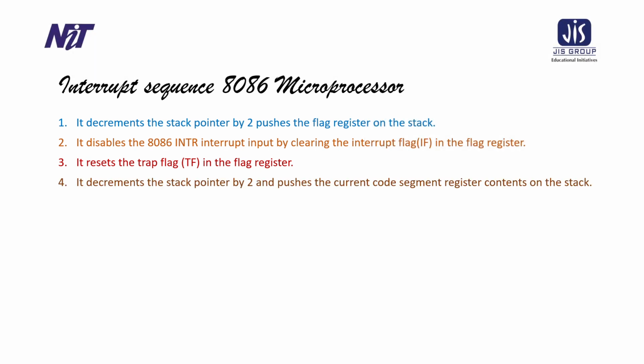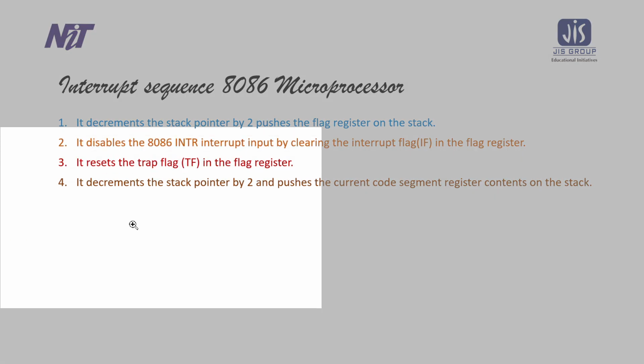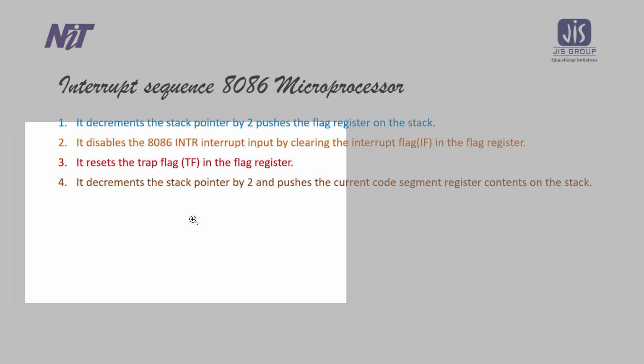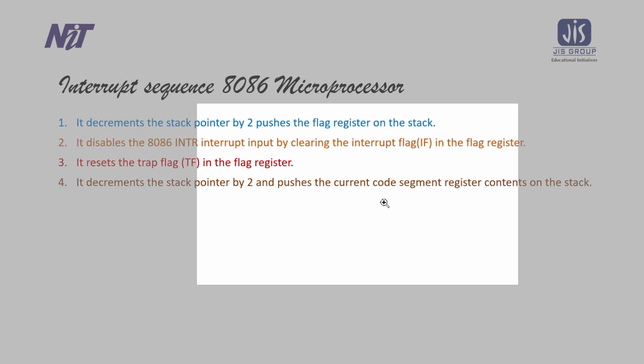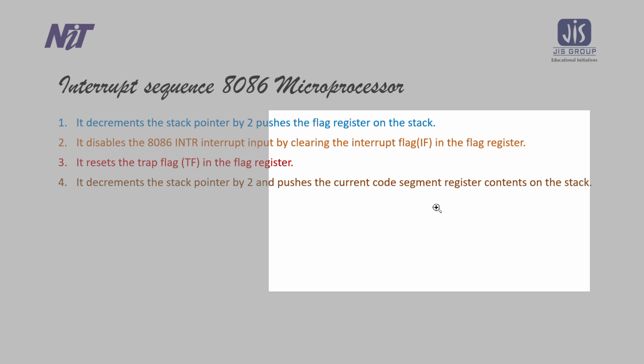Next, it decrements the stack pointer by 2 and pushes the current code segment register on the stack. That means wherever the stack pointer is located, it is decremented by 2 and the content of the current code segment register is pushed onto the stack.